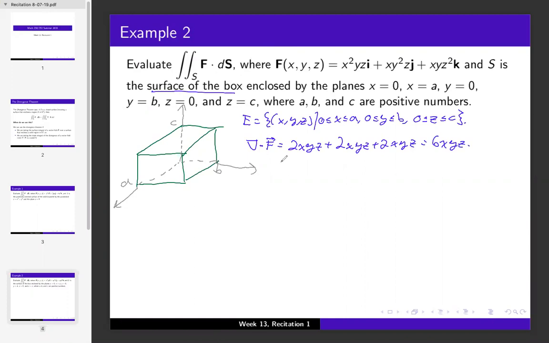Kind of see where this is going. The double integral, in this case, of F dot dS is 6 times the triple integral over this solid of xyz dV, which is a pretty straightforward integral in this case.